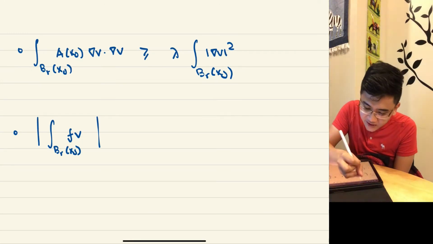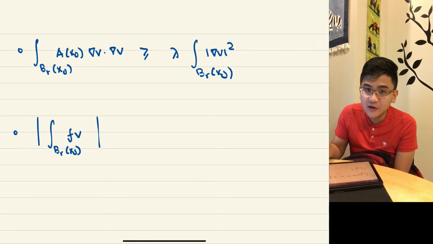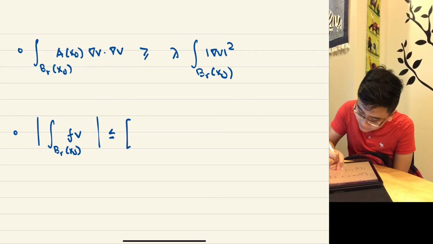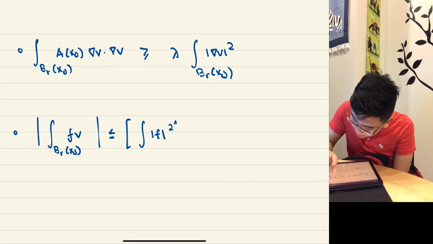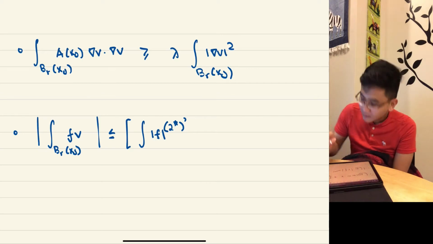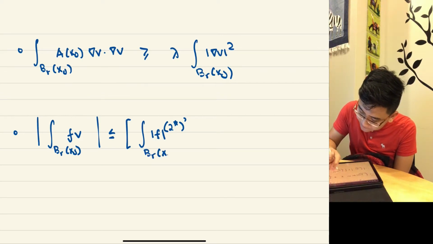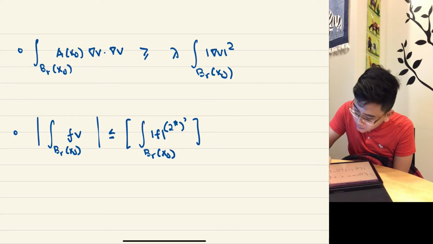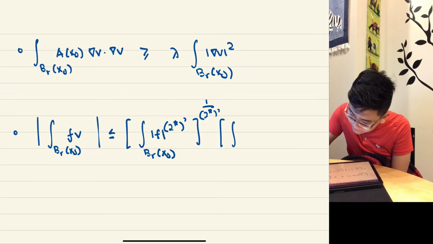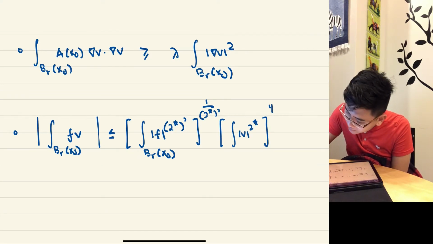But what we're going to do here is estimate this not with L^q, but with, so this is less than or equal to, I have the integral of f raised to 2 star Hölder conjugate over the ball, raised to 1 over 2 star Hölder conjugate, multiplied by the L^{2*} norm of v over B(x0).